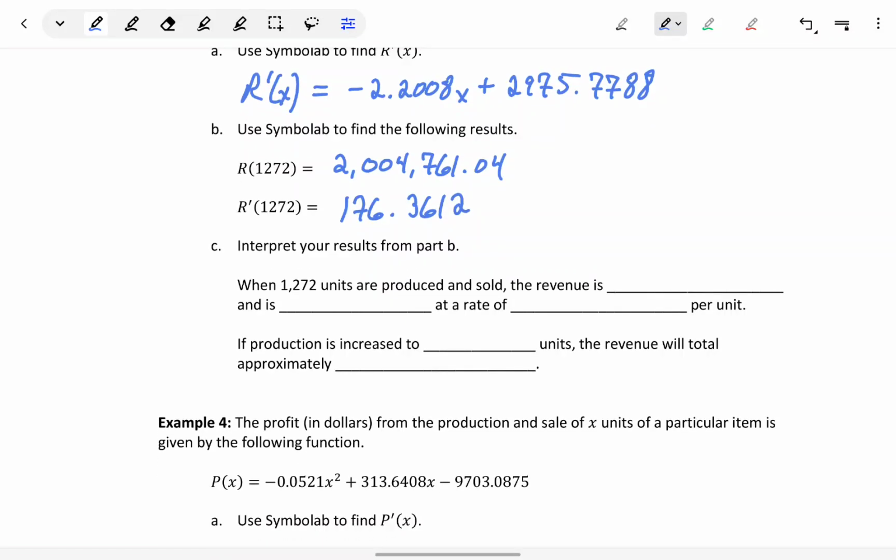Then in part C, we're asked to interpret these results, and it tells us that when 1,272 units are produced and sold, the revenue is our total revenue at that point.